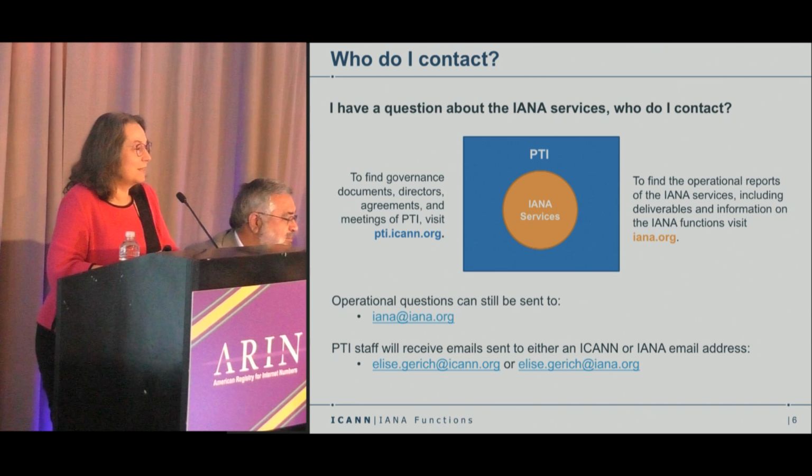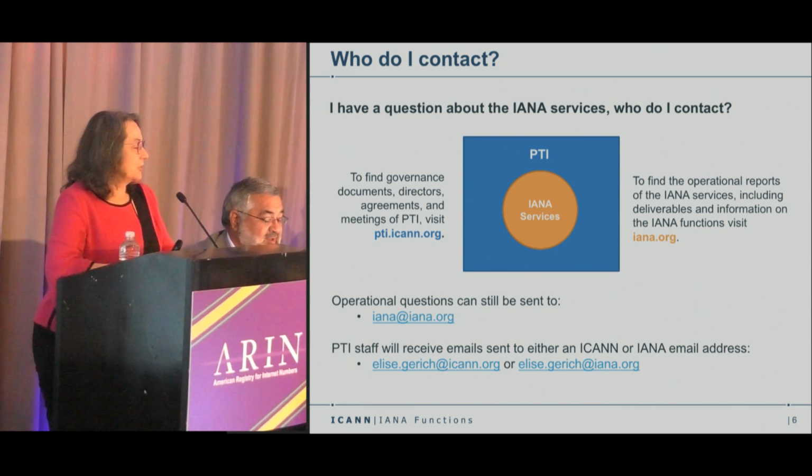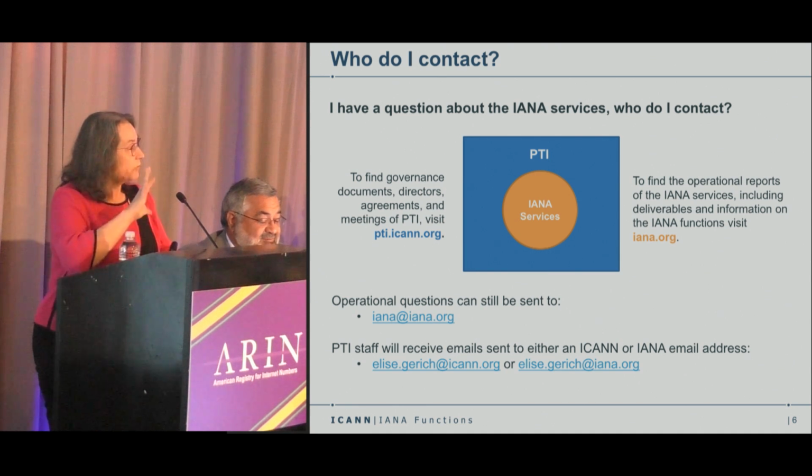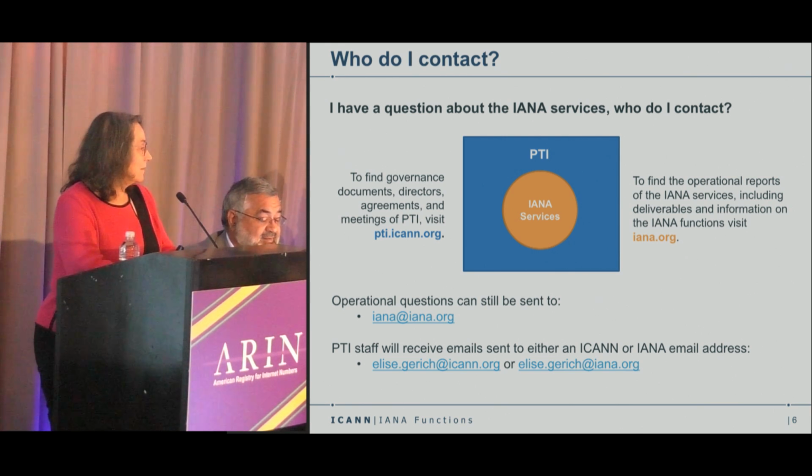So we stuck with PTI, and we went with the nomenclature pti.icann.org for all the administrative contractual relationships. And we kept IANA.org because it's hard-coded in so many things. This way we didn't disrupt the community too much. There was a lot of continuity, and you can still reach us at all the same old places.